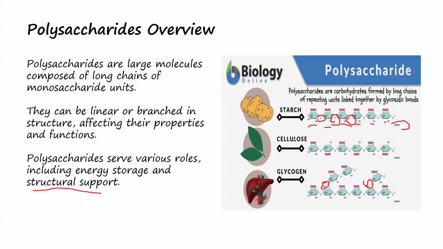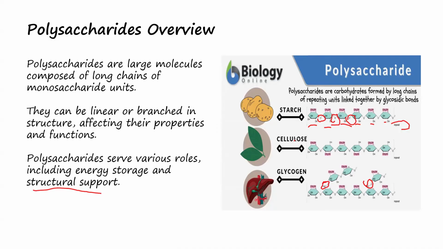For example, cellulose is a main carbohydrate found in plants, and it is very important in maintaining the structural integrity of the cell wall in plants. Another example is hyaluronic acid. Hyaluronic acid is also an example of a polysaccharide. It is found on the egg of the female. Fertilization will not take place without breaking down that hyaluronic acid, which is a polysaccharide.